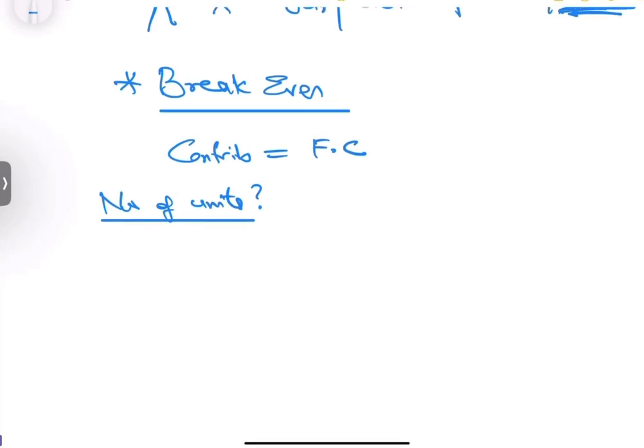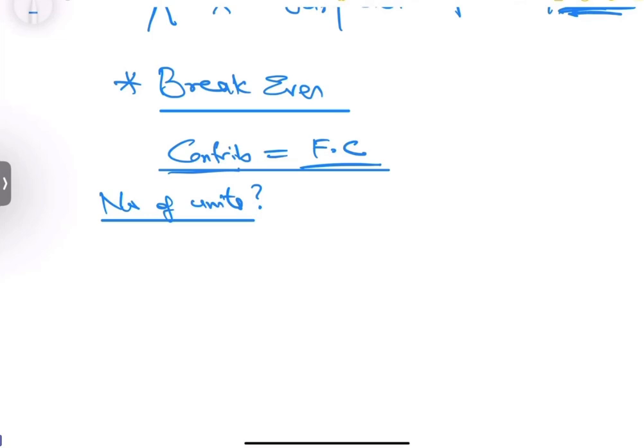Remember, we said at break even, contribution must be equal to fixed cost. So if you want to calculate the number of units to break even, we should be asking ourselves, what's our contribution per unit? If you know your contribution per unit, it is the same as your fixed cost per unit. That's what it means, because contribution must equal fixed cost at break even.